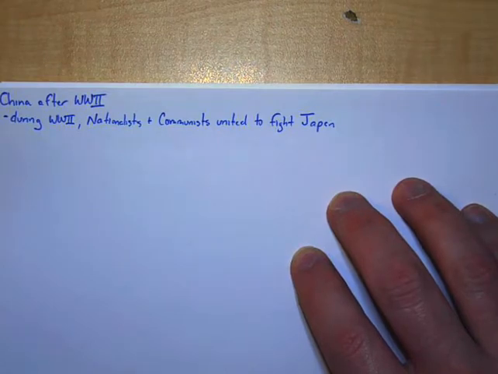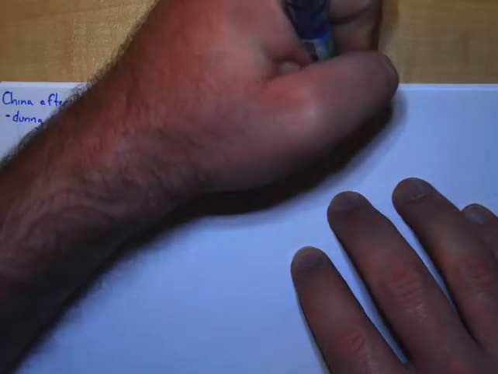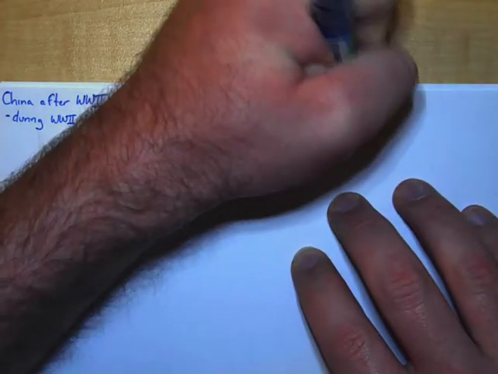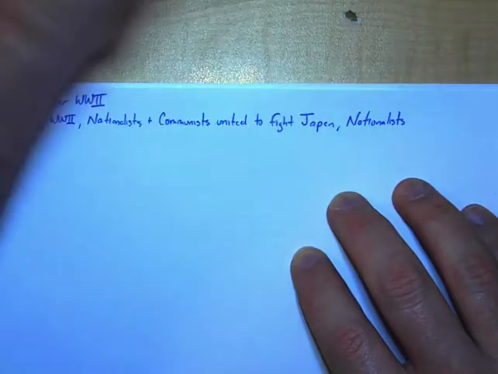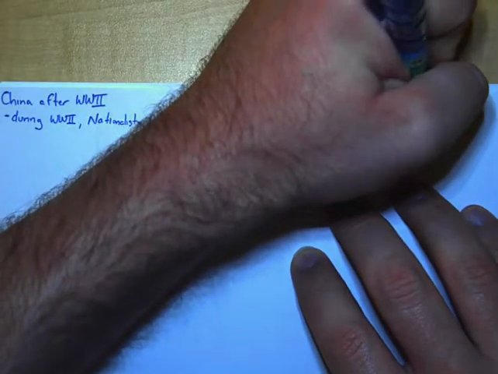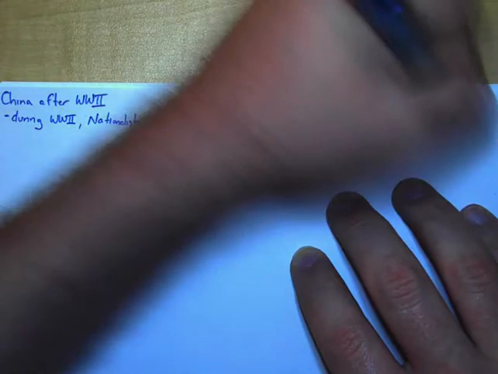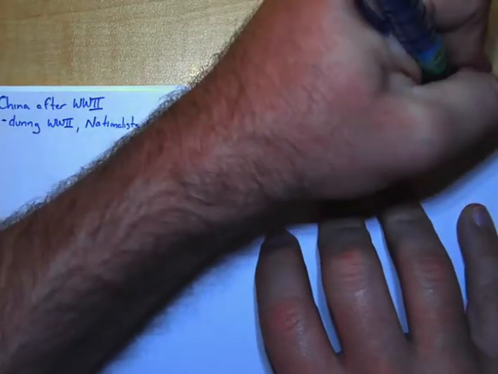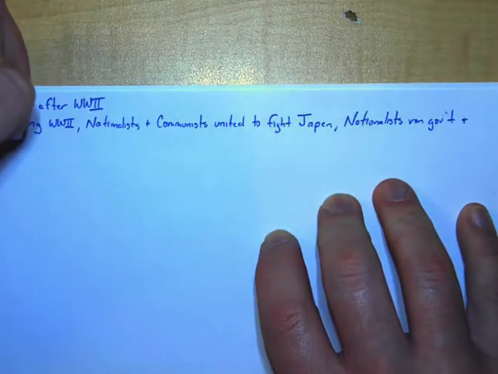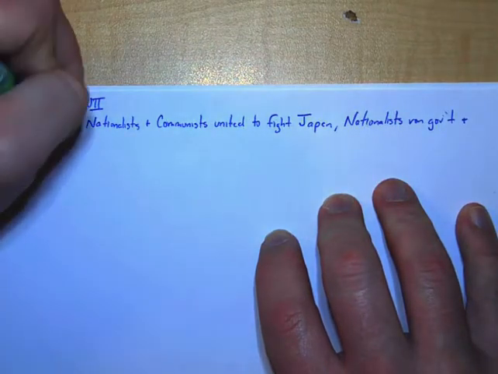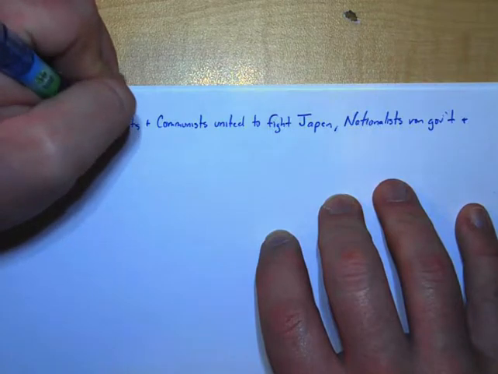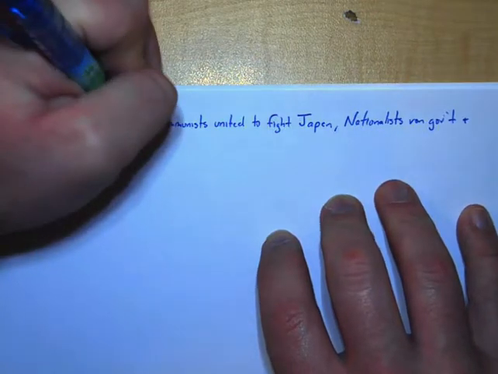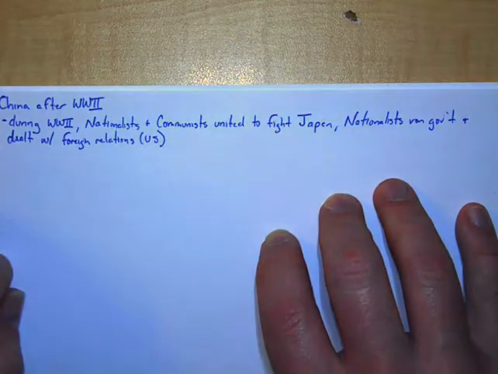So they worked together to fight Japan. And the division of labor worked like this: the nationalists kind of ran the government and dealt with foreign relations. And specifically, this meant dealing with the United States, who was also fighting Japan.